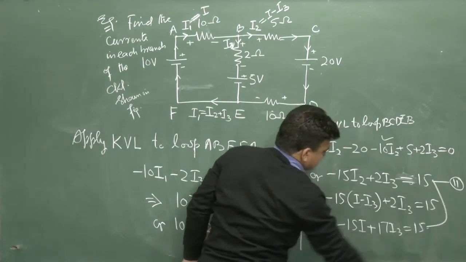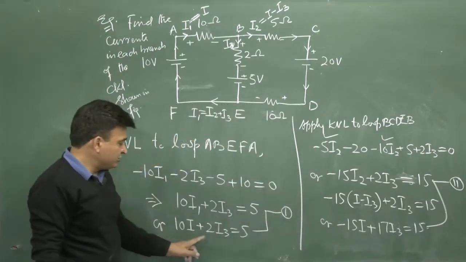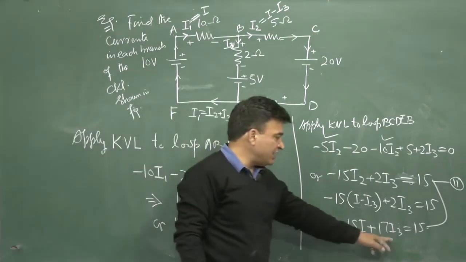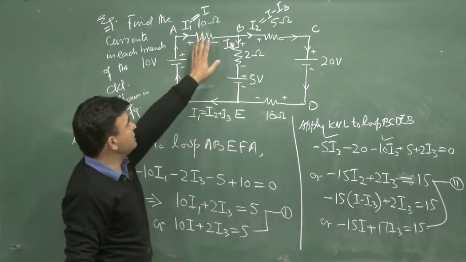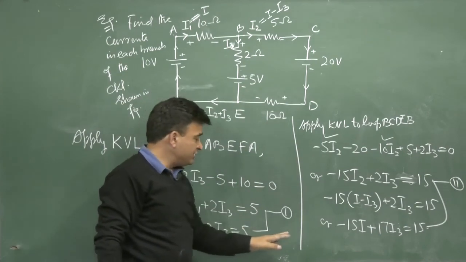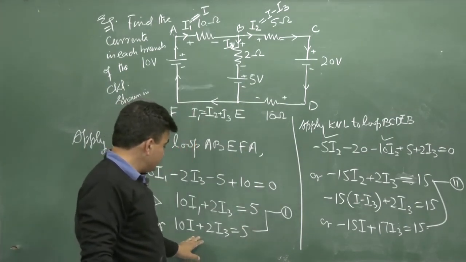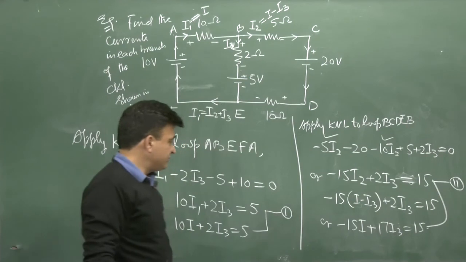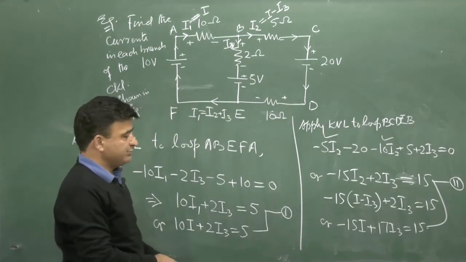I will call this the second. Now you have only two unknowns, I and I3, and we can have all the three currents, I1, I2 and I3 in the three branches. Now let us solve these two equations, first and second.